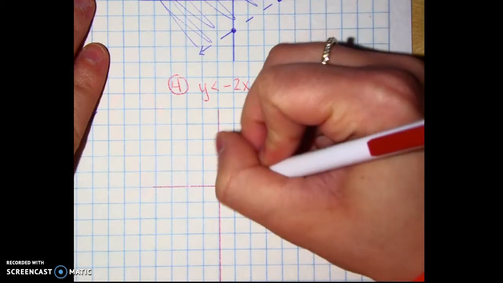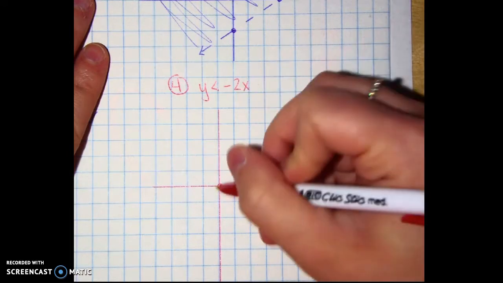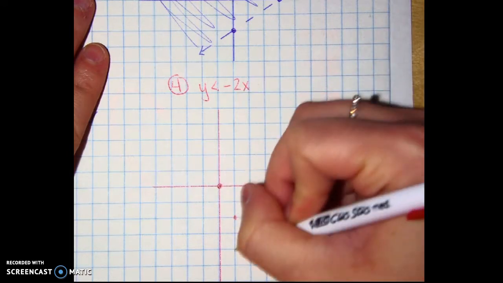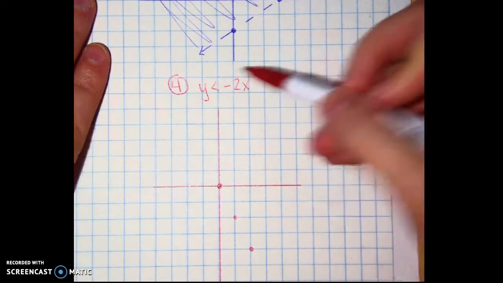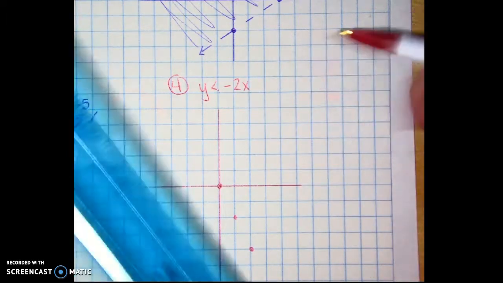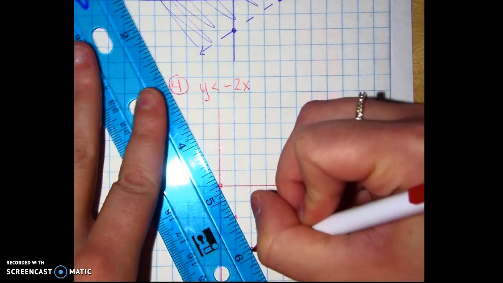So I start at 0, 0, or the origin, and then from there I go down 2 over 1. And it is a dashed line because there is no line under it. So dashed line.